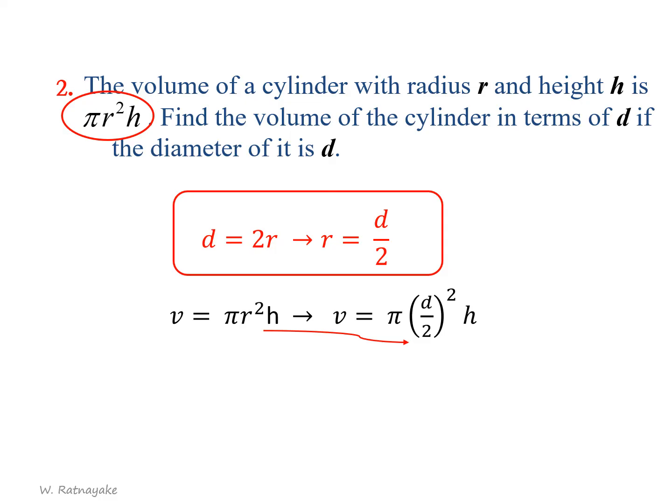Now when you simplify d divided by 2 whole thing squared, we get d squared divided by 4. Dividing by 4 means 1/4. We can take that coefficient first and then write pi d squared h. Then the answer will be V equals 1/4 pi d squared h. That is the answer for question number 2.